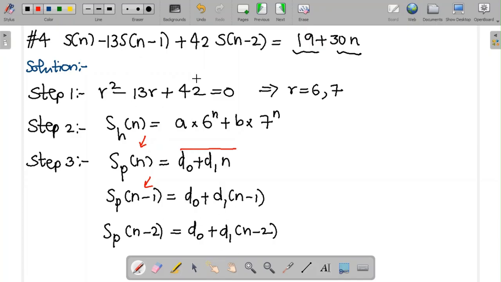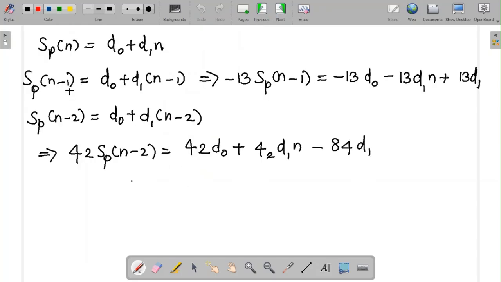So substituting these into the actual given recurrence relation, we have 13 times S p of n minus 1 as negative 13 d naught minus 13 d1n plus 13 d1. And 42 times S p of n minus 2 giving us 42 d naught plus 42 d1n minus 84 d1.